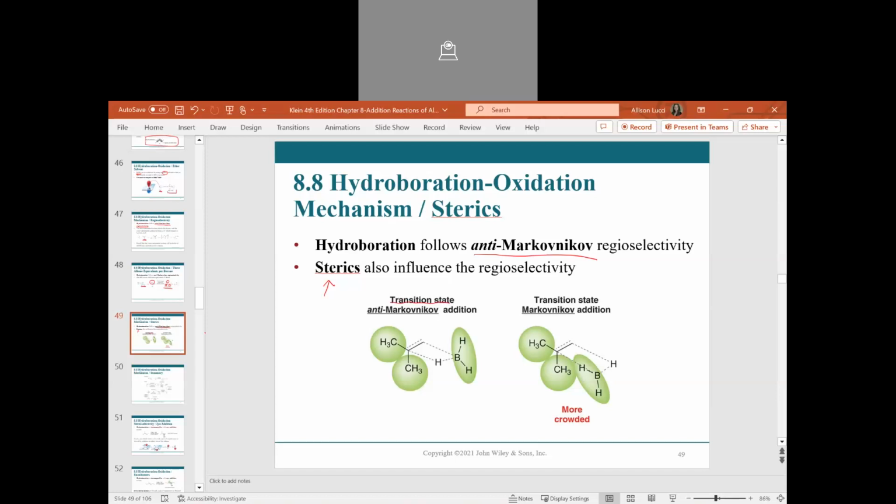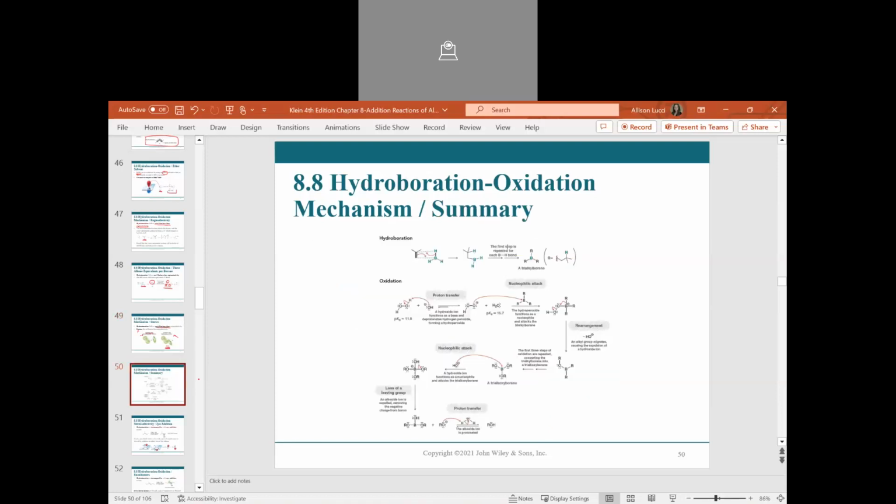Whether we have this anti-Markovnikov addition or Markovnikov addition, we see this steric hindrance, or more crowded transition state, that would result when we try to do this Markovnikov addition. So in the end, we see an anti-Markovnikov addition that results mainly because of this steric hindrance.